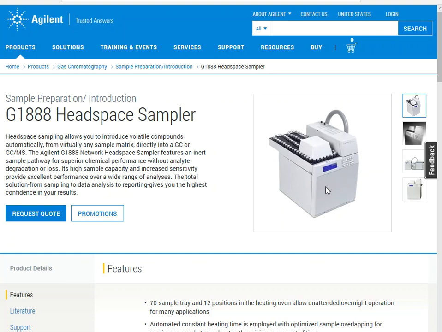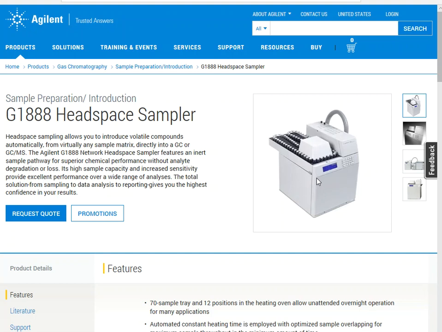And there's a picture of it over here to the right-hand side. So you see the auto sampler tray basically that's loaded up here on top. Underneath this hood, that is where the sample goes, and it lowers down into the machine, and this is where the oven is at.